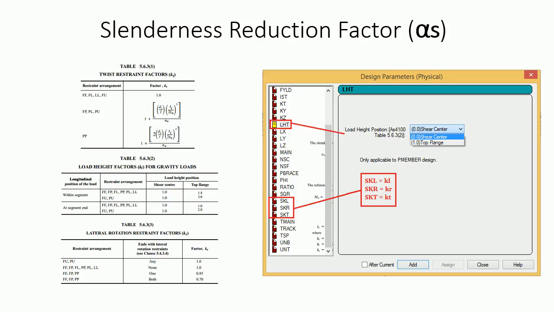If it is on the shear center, then you leave it as it is because by default the LHT parameter is taken as 0, that is at the shear center. But if it is applied at the top flange, then you need to take this LHT value as 1. And Staad is going to understand that the corresponding factors where the load height position has to be chosen from the top flange, and Staad will automatically extract those values.